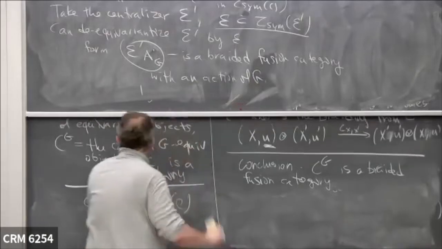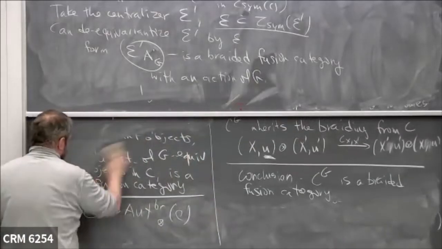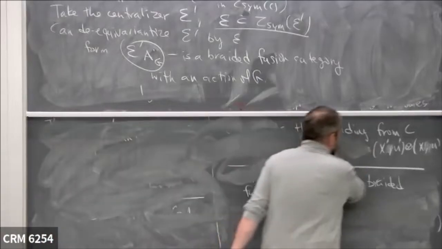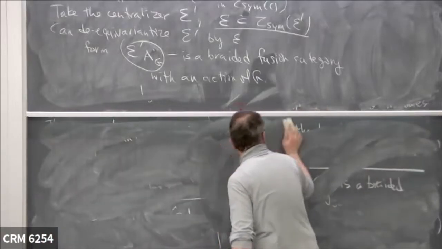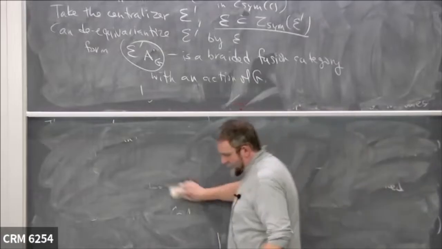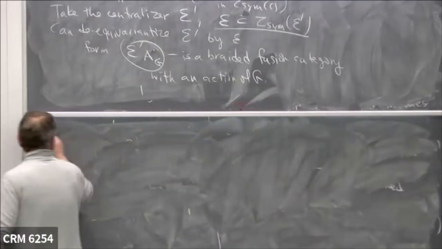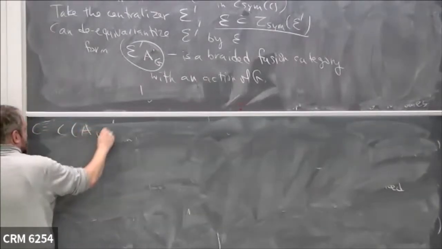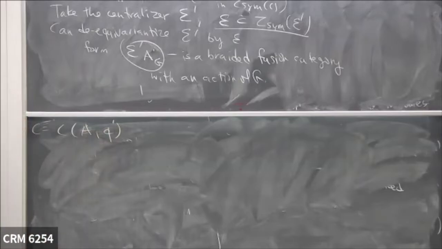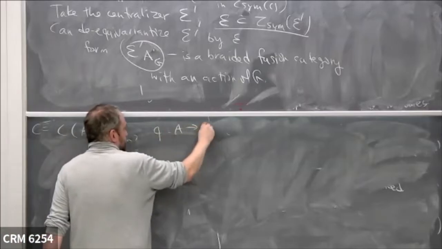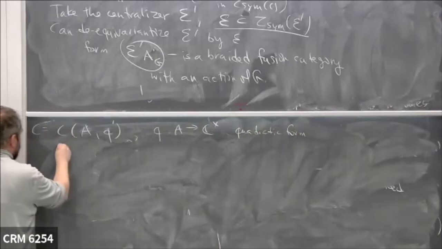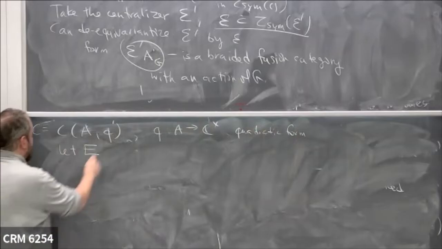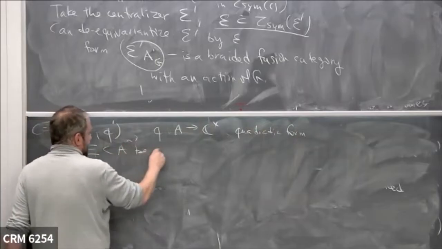So first of all, before I state a theorem, let me explain what's the linear algebra analog of this. It's actually very simple. We always try to illustrate such things with examples involving quadratic forms. So now let's take C to be C(A,Q), where A is an abelian group and Q is a multiplicative quadratic form. Let E inside A be an isotropic subgroup.